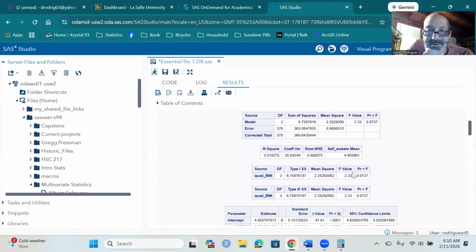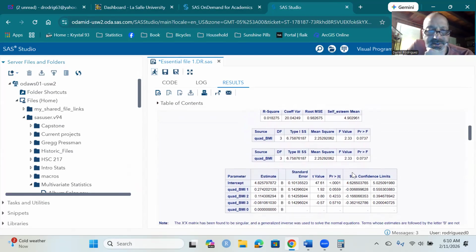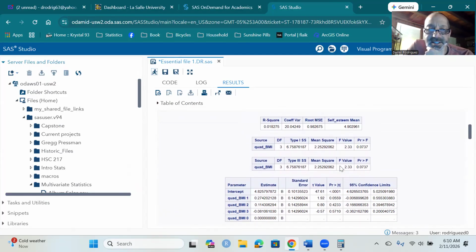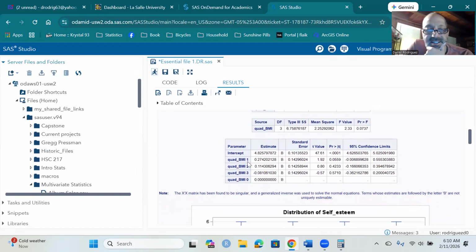Same thing. This one doesn't include sex in the model, right? So this was the first item I had on the list. We're just looking at BMI and whether or not it affects our outcome variable, self-esteem.